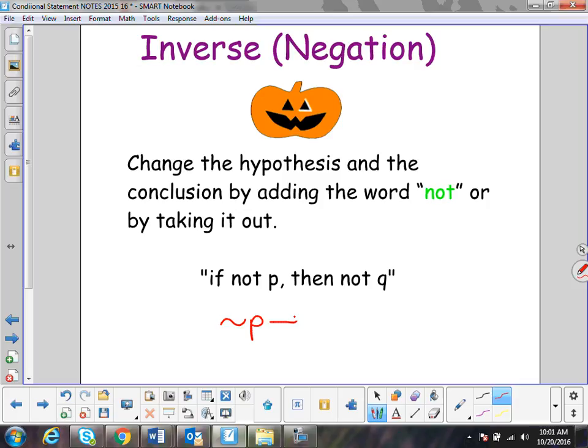Not P, not Q. So this is the symbolic. Okay, if you write this down pretty quickly, you'll see if you can write the inverse of that original statement that we worked with. See if you can write the inverse.